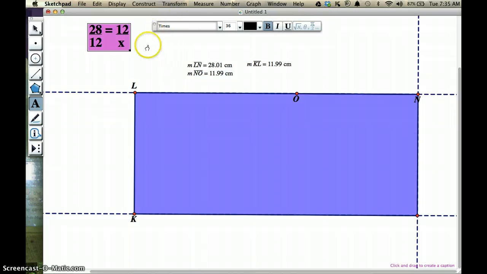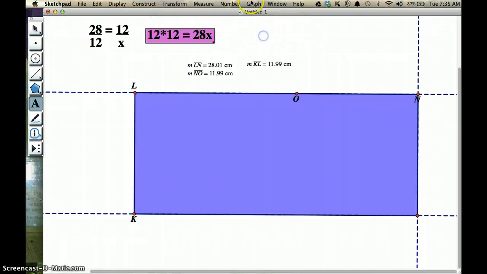The way that we're taught to do this in Mr. Leek and Miss Brewer's class is to cross multiply and then divide. So we would have 12 times 12 equals 28x. But I want that all on one line.